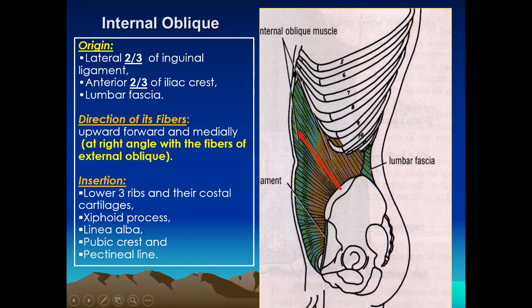So the origin of the muscle is from here. Then the insertion will be into the lower three ribs, the xiphoid process, linea alba, all the way to the pubic crest, as well as the pectineal line over the hip bone. All this will be the insertion of this internal oblique muscle.